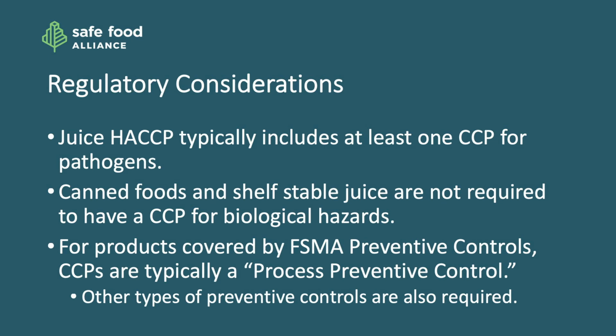So now, once we've determined our significant hazards using our principle number 1 of hazard analysis, we're going to get into how we go about answering the question of whether or not that significant hazard and a particular step to control that hazard is critical in our operation. Okay, so this leads us to using the Codex decision tree.